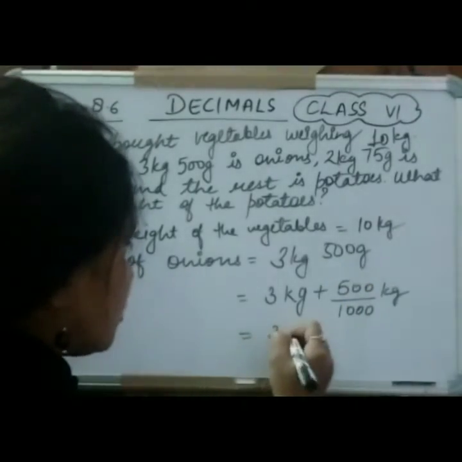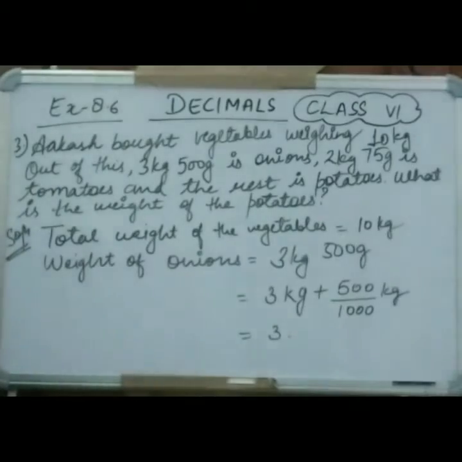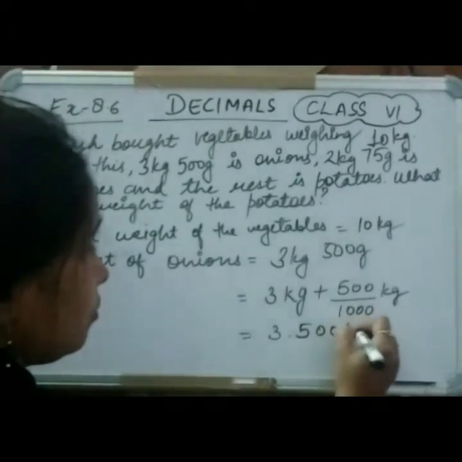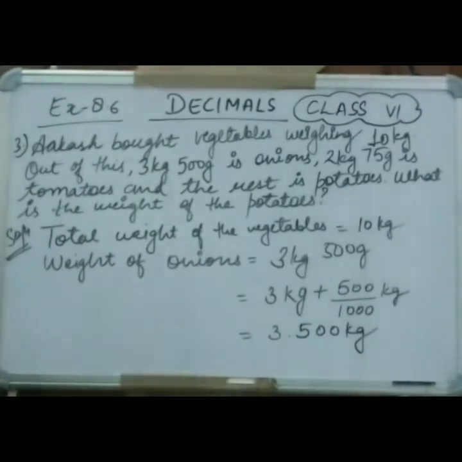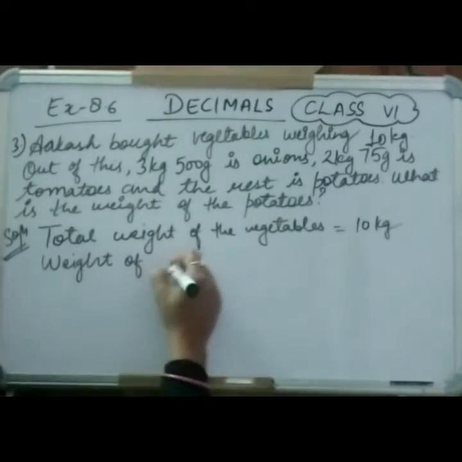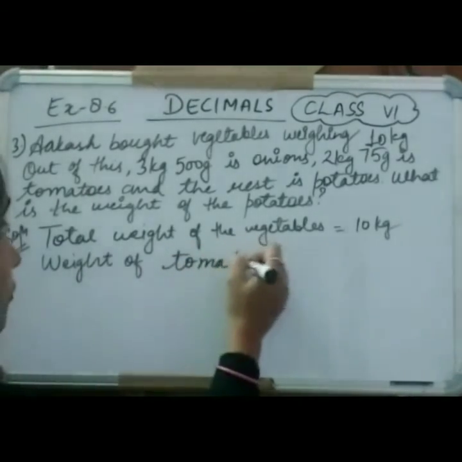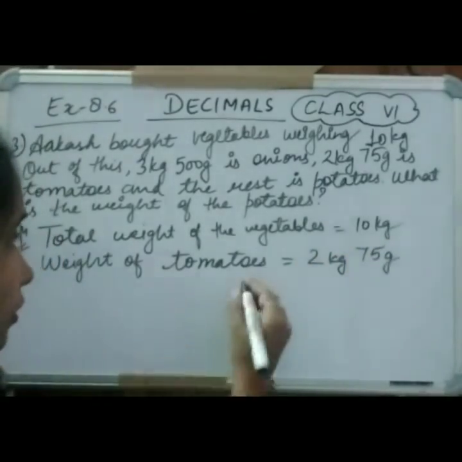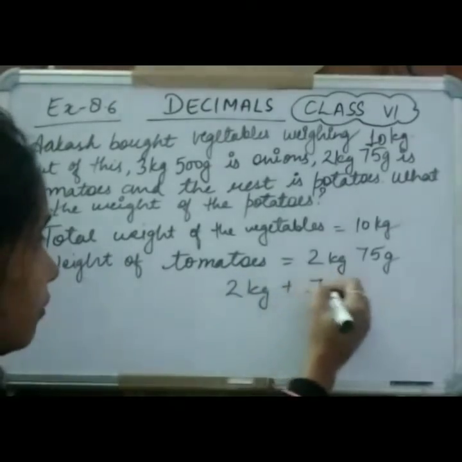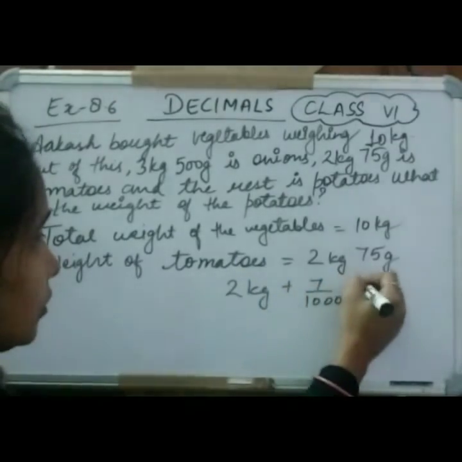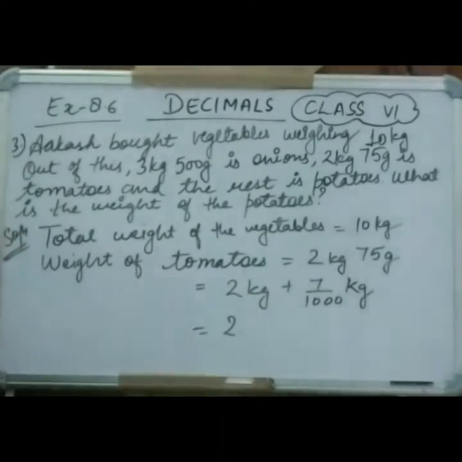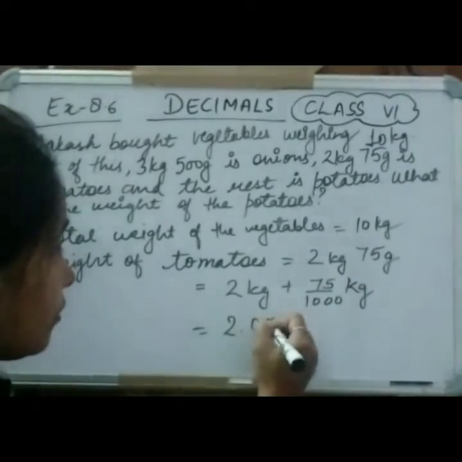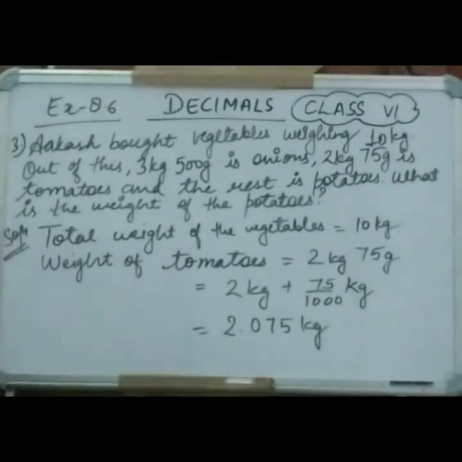Okay, and this is 3.500 kg. This much is onion. Okay. Now weight of tomatoes. Weight of tomatoes is 2 kg 75 gram. Okay, so it is 2 kg plus 75 upon 1000 kg. Okay, so it will be 2.075 kg. It is the weight of tomatoes.